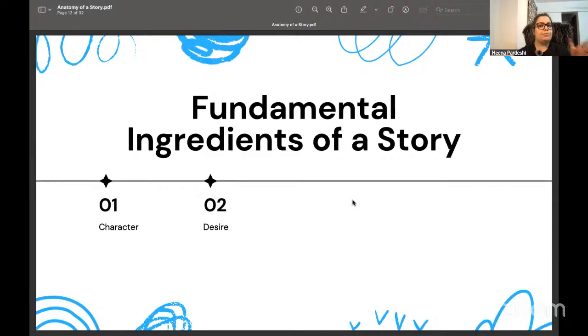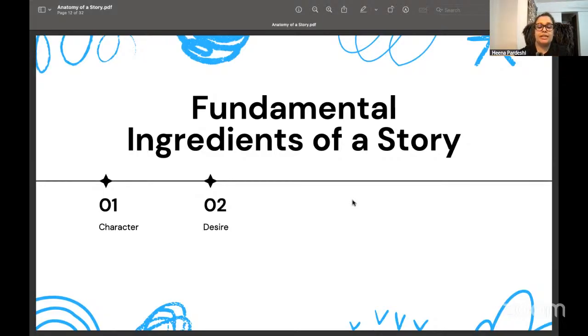Okay, we are going to be talking more about acts in the later sections of today's session. But keep this in mind that the desire is going to be changing as our hero or the character goes through transformation.